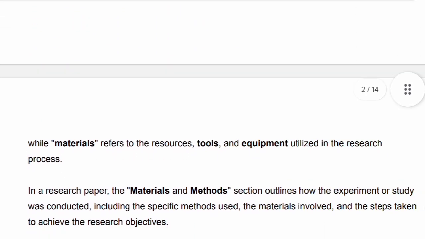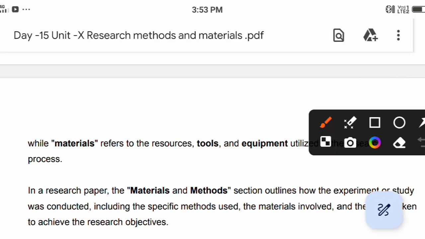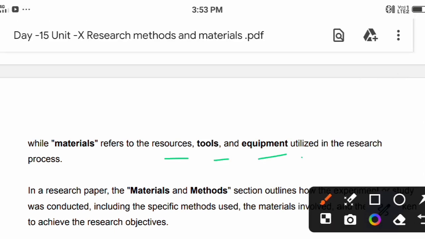While materials refers to the resources, tools, and equipment utilized in the research process. That means during your research procedure, you are going to use some kind of tools, equipment, resources, and that will be your material. By which resources, by which tool you are going to start and continue your research. So this is how you have to define what research methods and materials refers to in English literature.